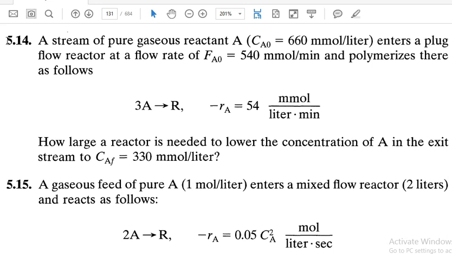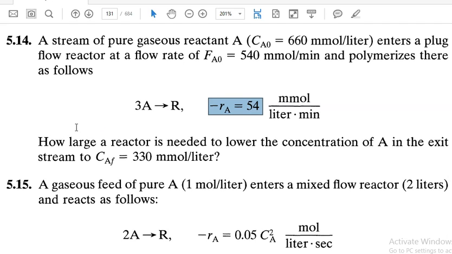That was the 5.13 solution. Problem 5.14. A stream of pure gaseous reactant A enters a plug flow reactor at a flow rate of 540 millimole per minute, and the reaction proceeds as follows. The given stoichiometric equation is 3A gives rise to R, and the rate equation is -RA equal to 54.